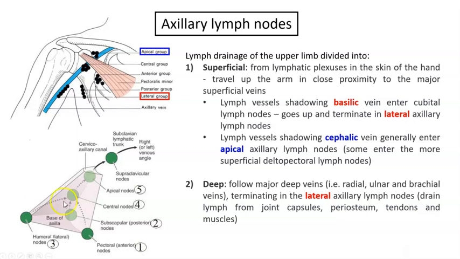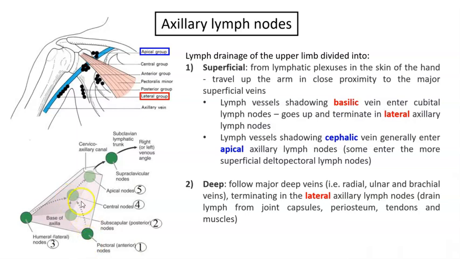Okay, as you can see from the picture here, the lymph that is drained to the lateral nodes will go to the central node and then go to apical node and be collected together in supraclavicular node.